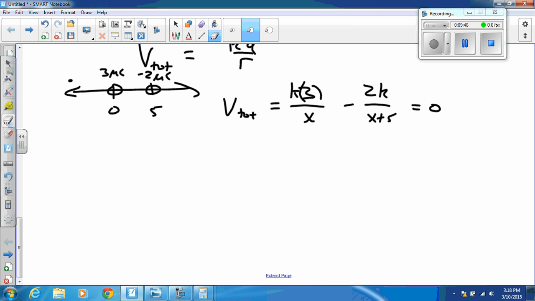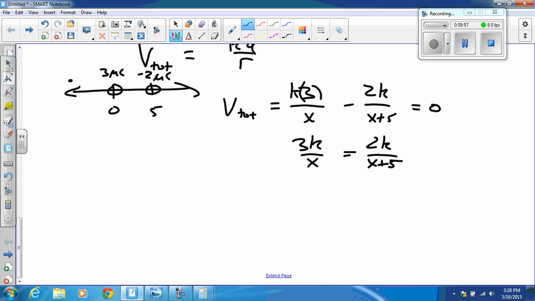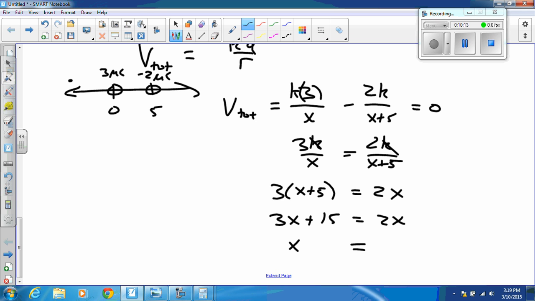We're going to use a similar algebraic strategy here. We're going to add 2k over x plus 5 to both sides, divide both sides by k, and cross multiply. And this is a much, much easier equation to deal with, and it also only has one solution.